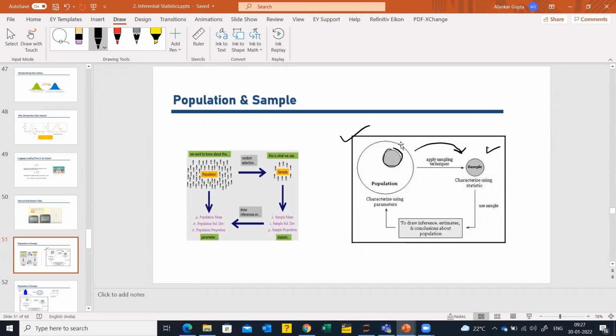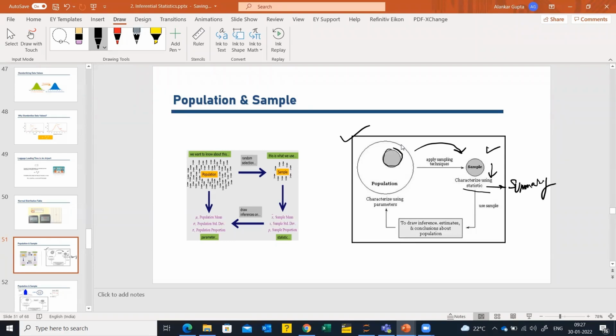And whatever numbers you get from the sample is called a statistic. Okay, please note this is statistic, not statistics. The characteristics or whatever numbers we get out of a sample is called a statistic, not statistics. Statistics is actually the branch of mathematics, right? And a statistic is the summary of the sample data.